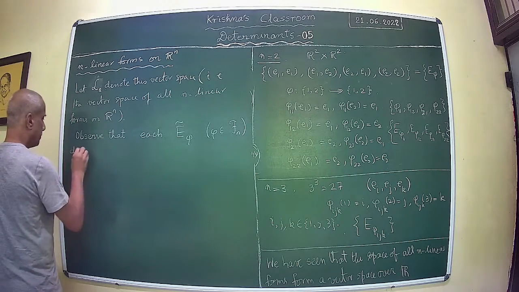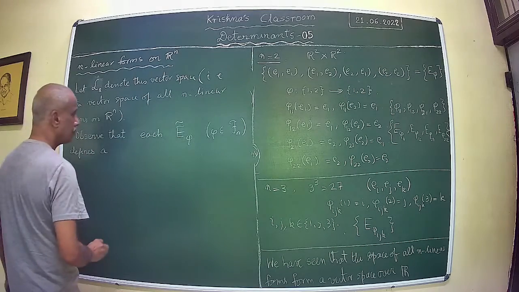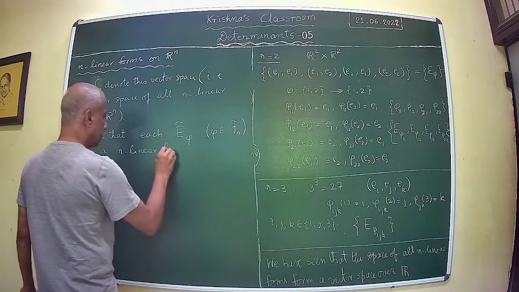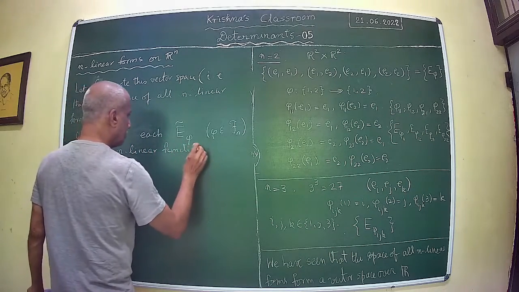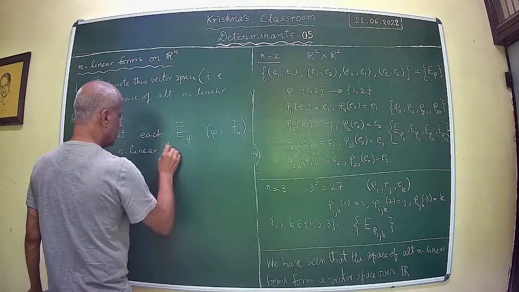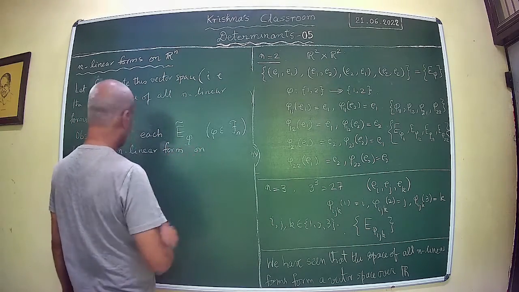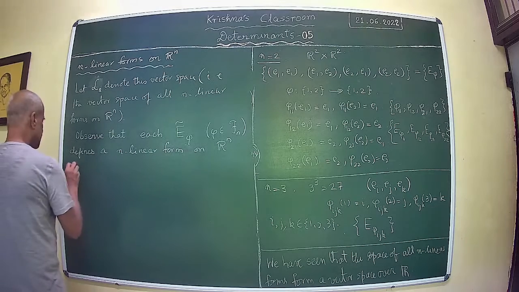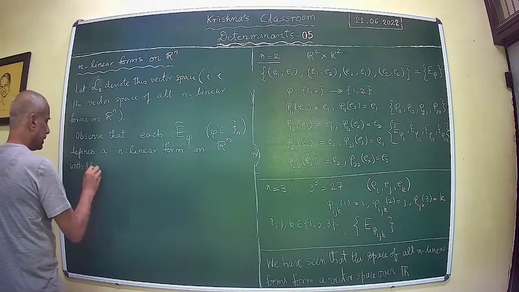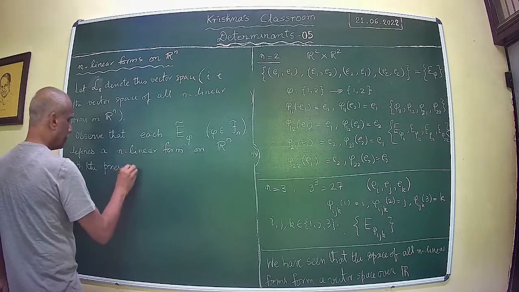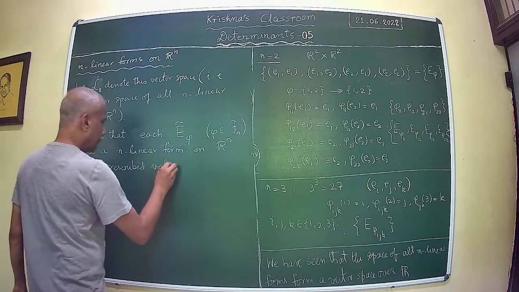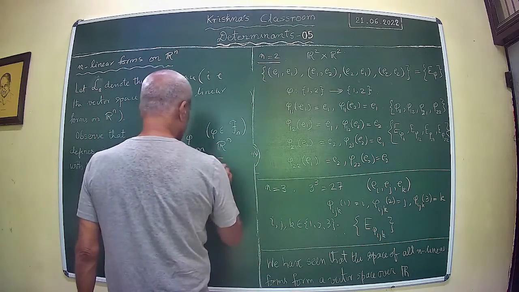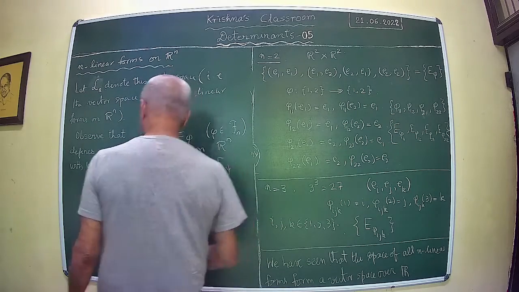Defines an n-linear form on Rn with their prescription, the prescribed values at E psi for psi belonging to Fn.